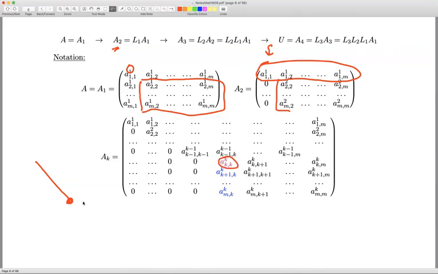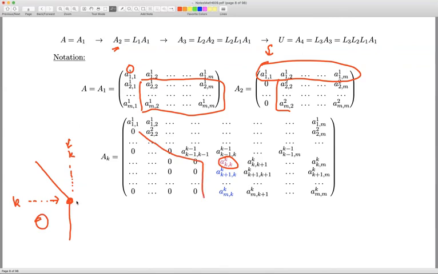And then we'll have some elements below the main diagonal. So here, this is the kth row, and here, this is the kth column. So the elements on the kth row and the kth column at the kth step. Here, everything will be 0. As you can see, all the elements here will be 0.